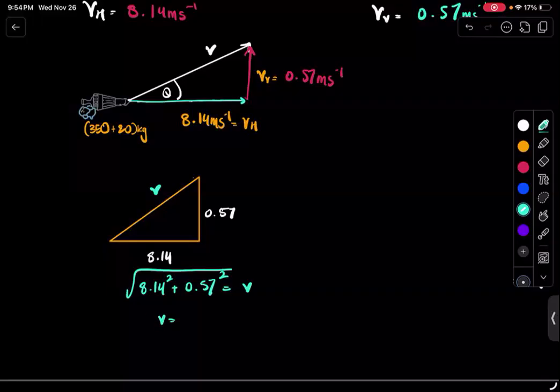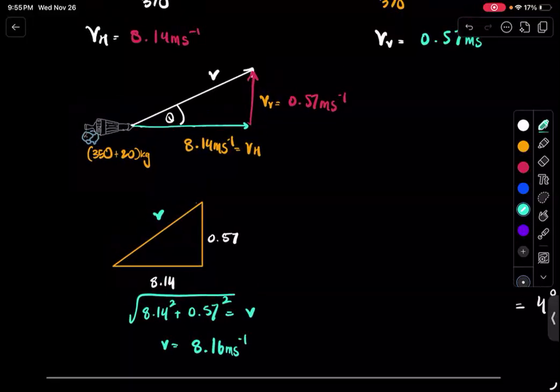And what does that turn out to? Let me do that. Yes, Kaima, with me? Okay, so this comes out as 8.16 roughly, 8.16 meters per second.